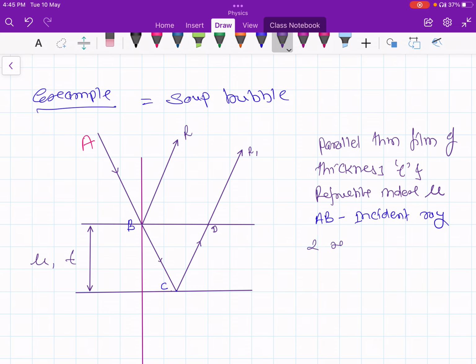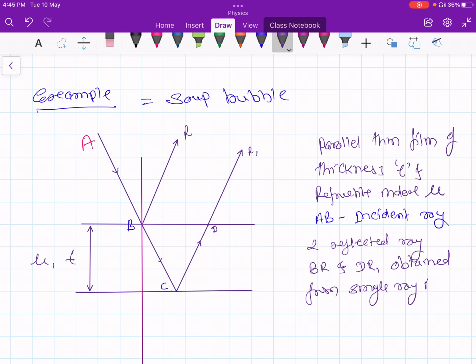So here, two reflected rays BR and DR1 are obtained from the single ray AB. So these two reflected rays are derived from the single ray AB, and so they are coherent.